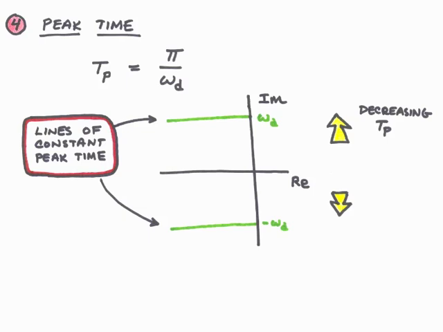So lines of constant omega d are horizontal lines in the complex plane. These are also lines of constant peak time. As the lines move farther away from the real axis, we'll get increasing values of omega d and decreasing values of t sub p. So peak time will decrease as the poles move away from the real axis.